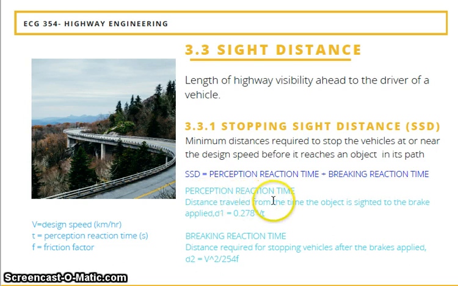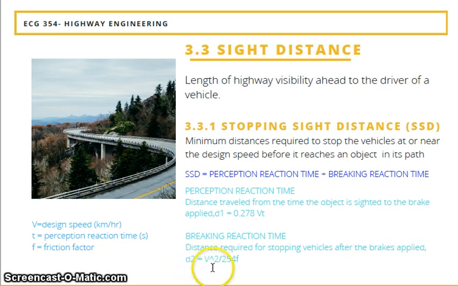Perception reaction distance is the distance traveled from the time the object is sighted to the time the brake is applied. D1 equals 0.278Vt, where V equals design speed in km per hour and t is the perception reaction time. Braking distance is the distance required for stopping the vehicle after the brake is applied, D2.